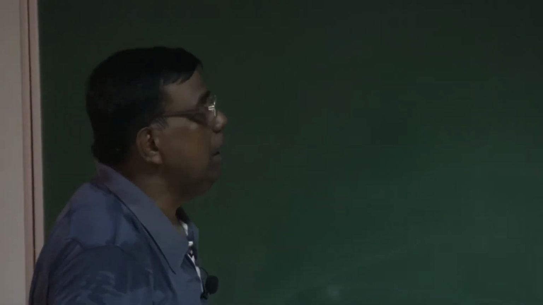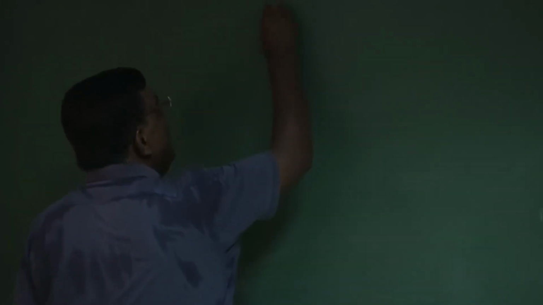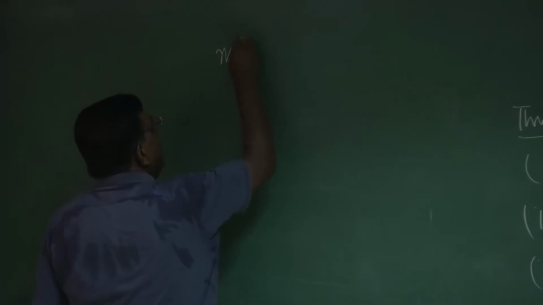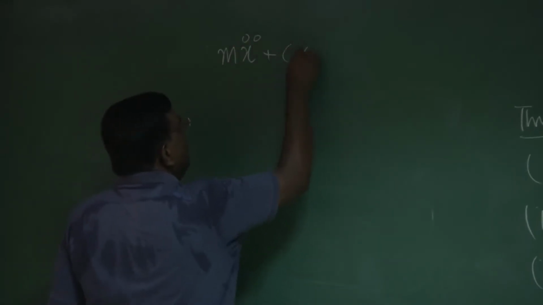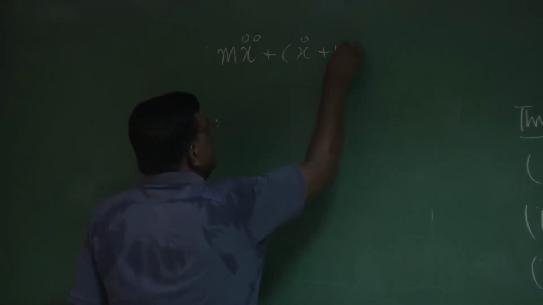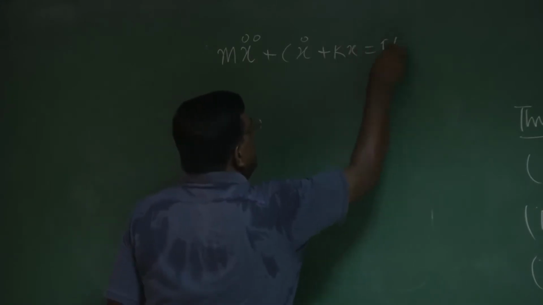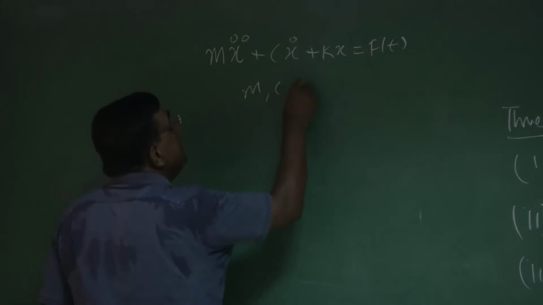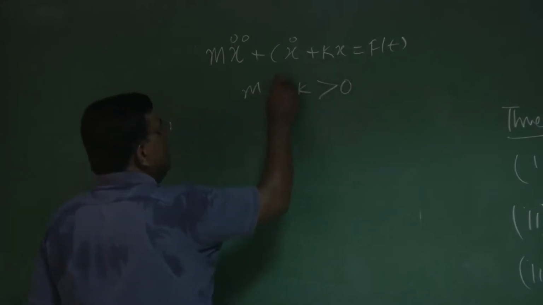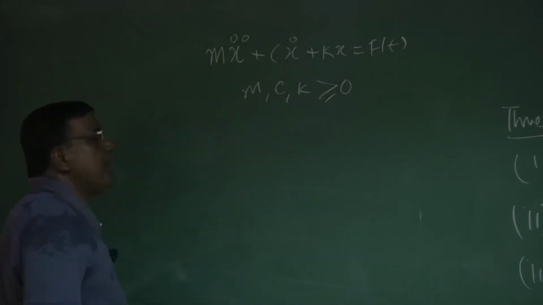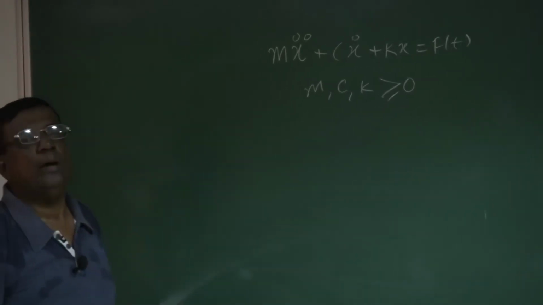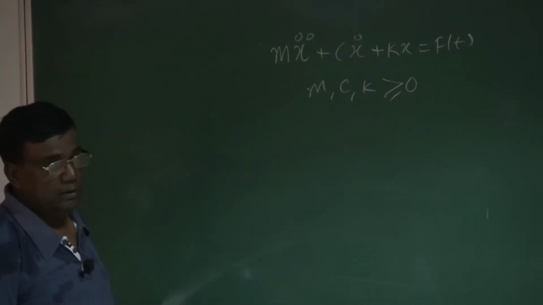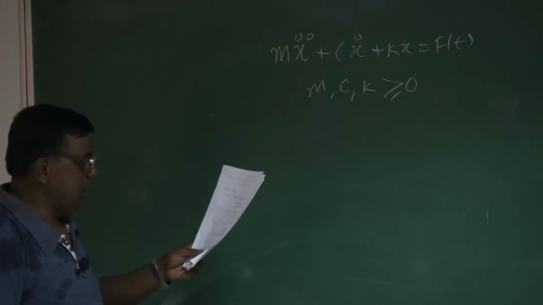Please also understand one thing. When we wrote an equation like this, mx double dot plus cx dot plus kx equal to f of t, there was an implicit assumption that m, c, k are all greater than 0. Right? If c is 0, that means there is no damping. But these are positive numbers. They satisfy these conditions.